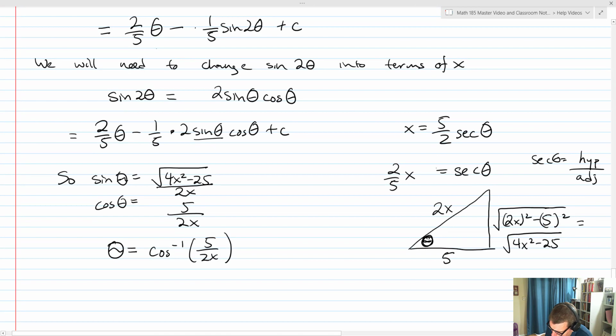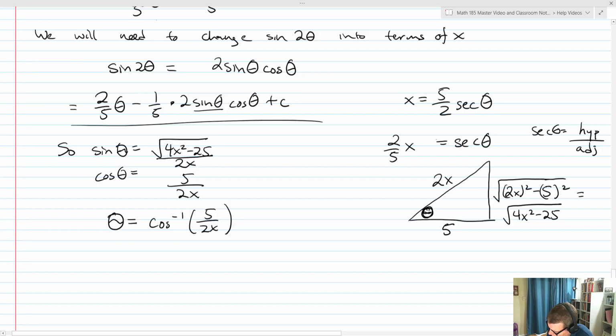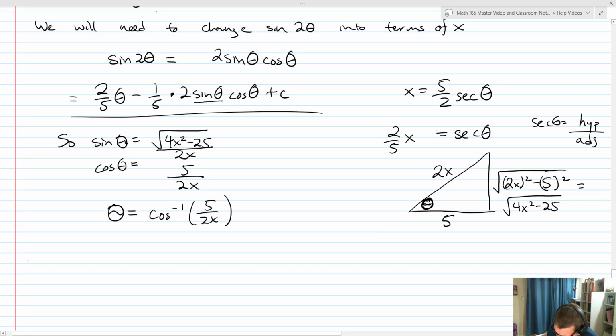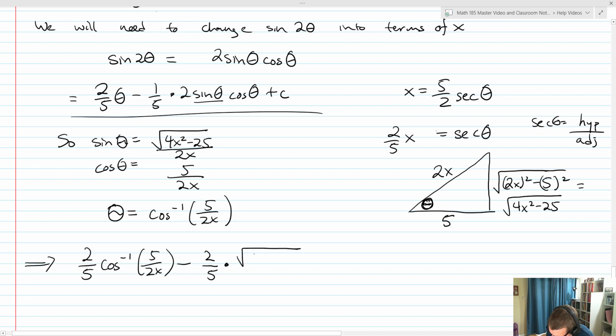So now I'll plug that back into my equation. My answer now is going to be 2/5 cosine inverse 5 over 2x minus 2/5 times the square root of 4x squared minus 25 over 2x times 5 over 2x.